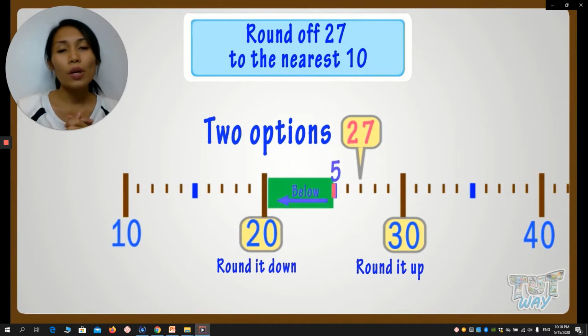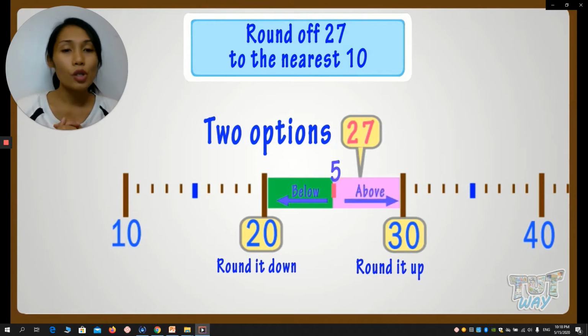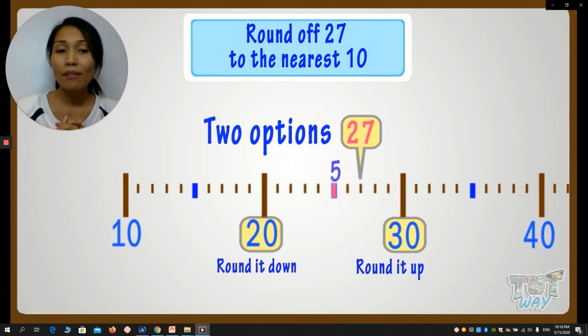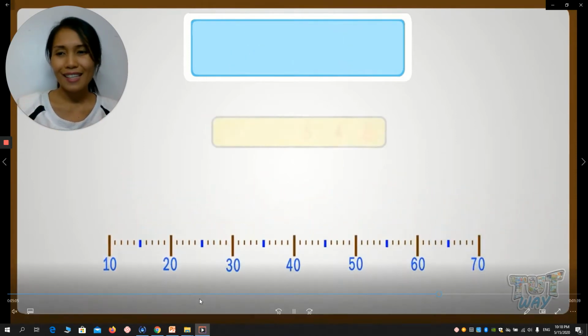If the number is below 5, then we'll round it down. But if it's above 5, then we'll round it up. Since number 27 is above 5, then we will round it up to 30. That means 27 is closer to 30 than 20, so we will round it up to 30 and not 20. That is just a review of the basics.